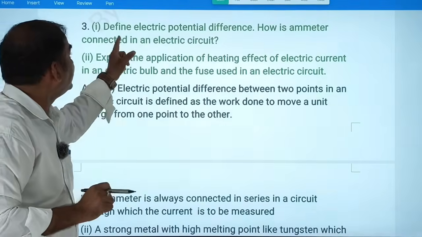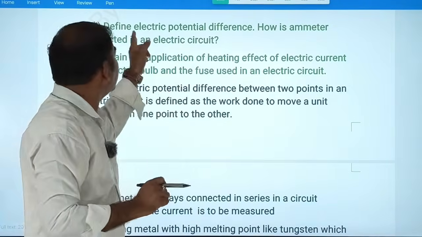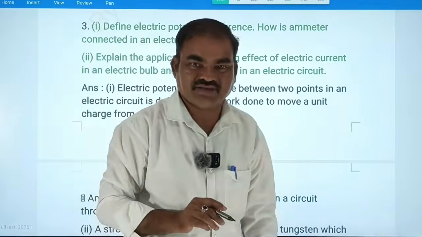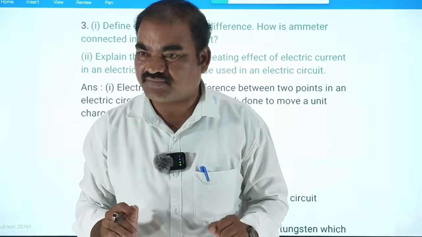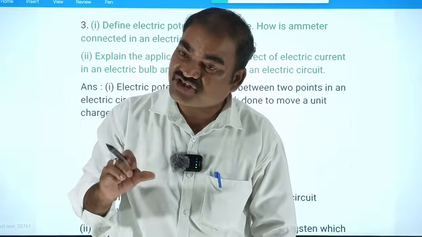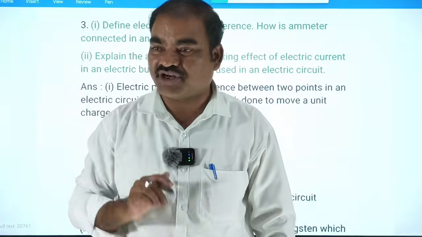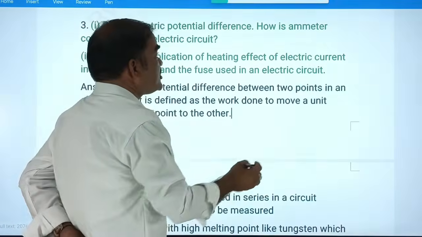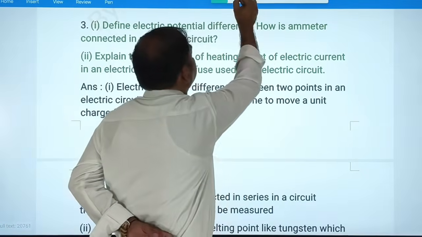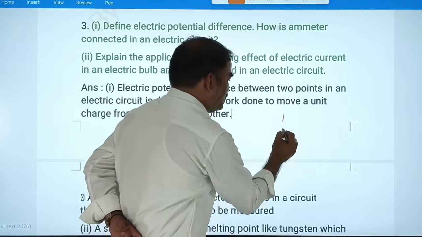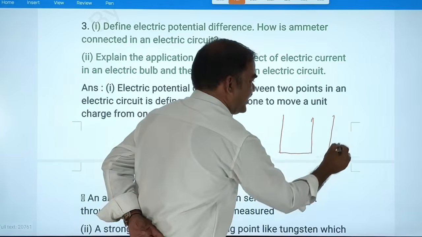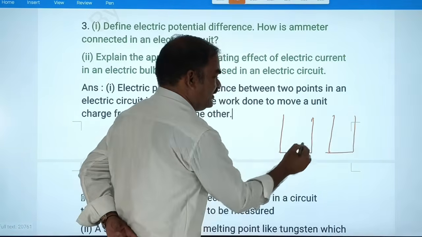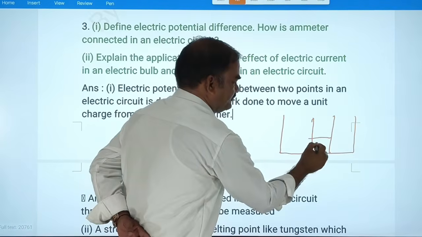First one is: define electric potential difference. Let us discuss what you mean by the electric potential difference here. Before that, in general, we'll discuss what you mean by potential difference. Suppose we are having two water cans, connected by a pipe.